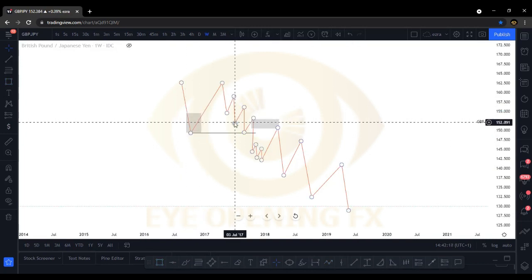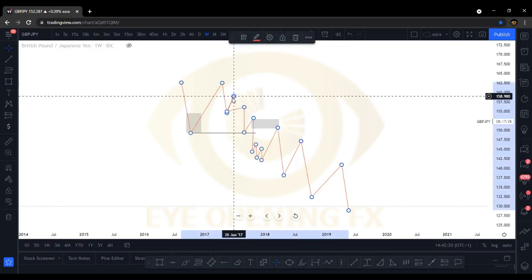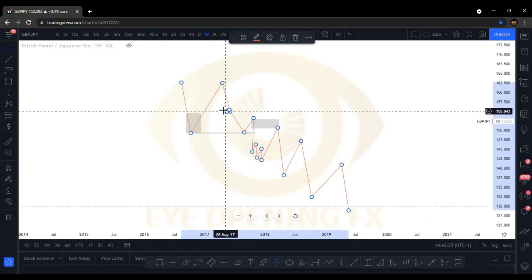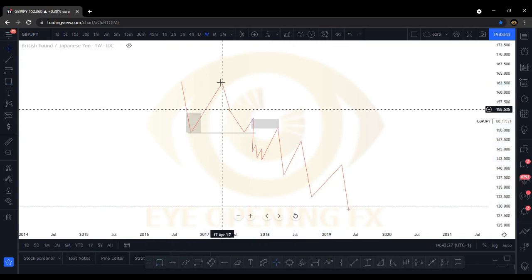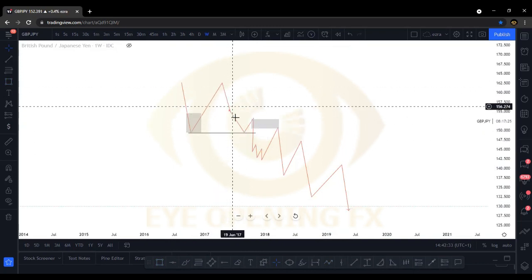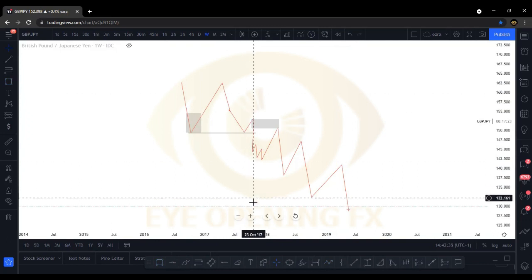So if there's no internal structure here, you don't see any of this here. That means there's nothing like internal structure here. Then let's say there's an imbalance, a liquidity void here. That means the seller's power is only here. You can't see the buyer's power.